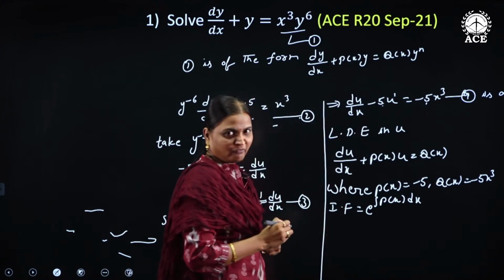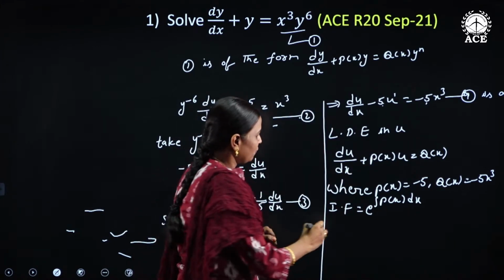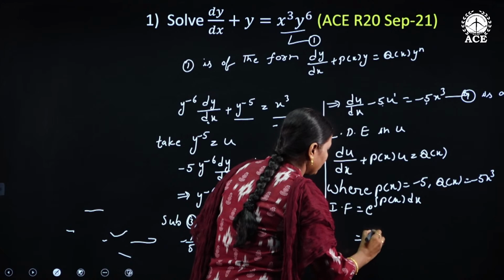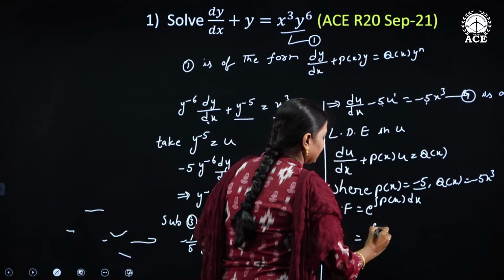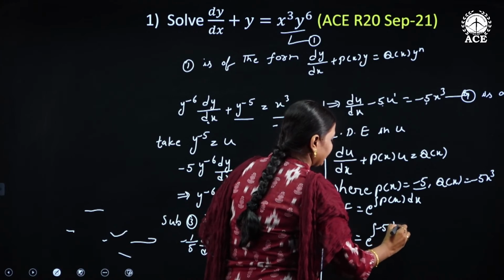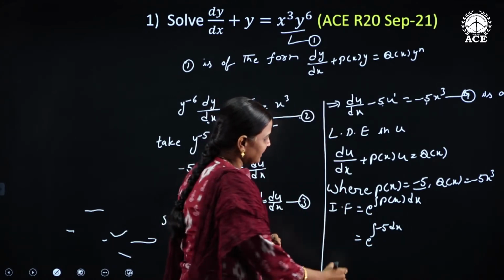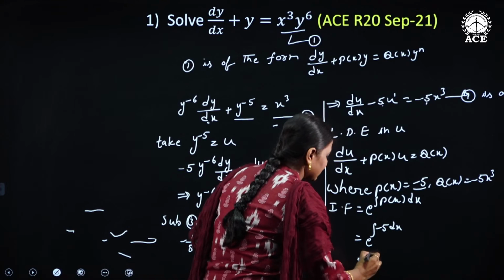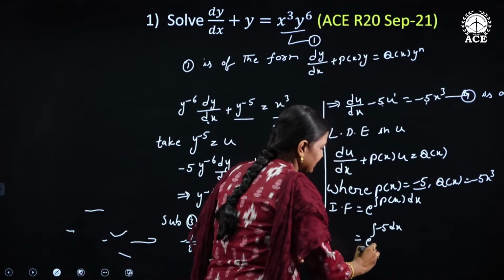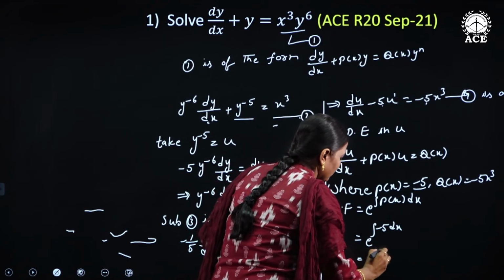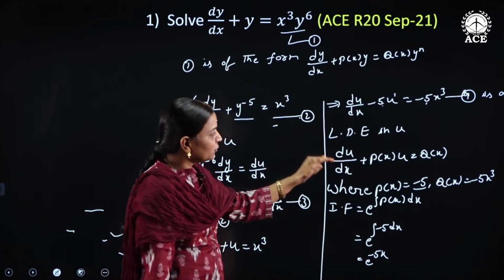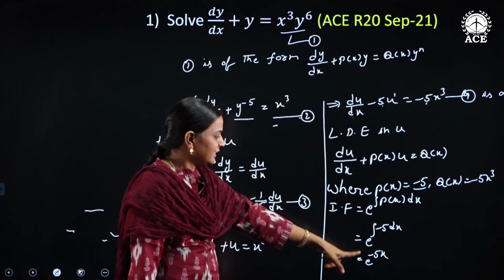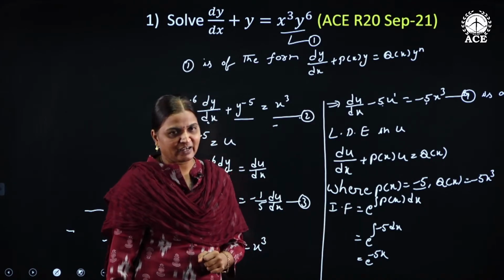We know p of x from the above condition, so it is e to the power integral of minus 5 into dx, which is e power minus 5 into, what is the integration of dx? x. So that is e to the power minus 5x. The integrating factor of the new differential equation 4 is e to the power minus 5x.